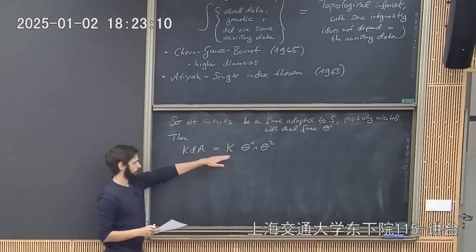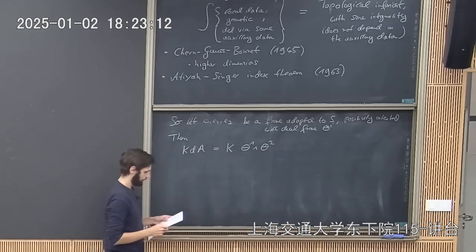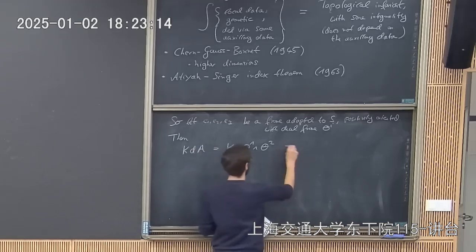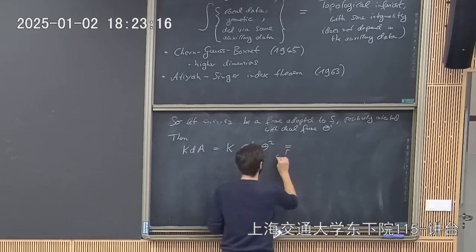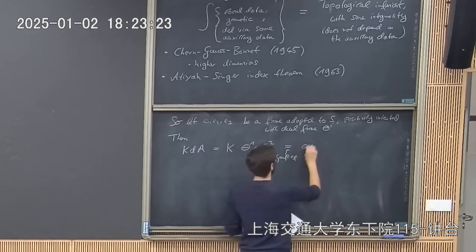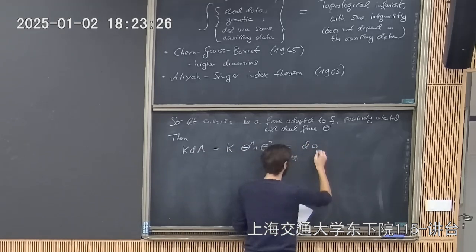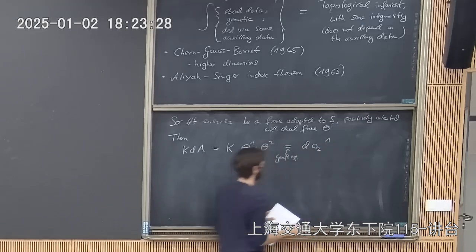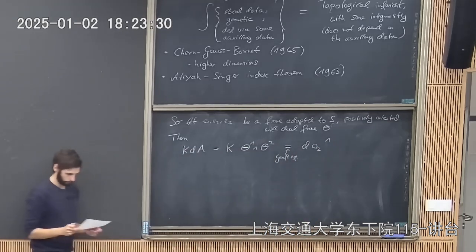And then the area is given by just a wedge product. And here we can now use the Gauss equation to write this one as d of omega 1 2, in terms of the connection forms.